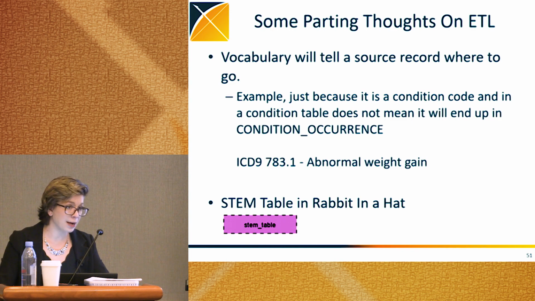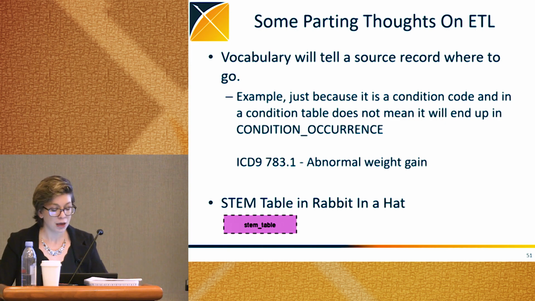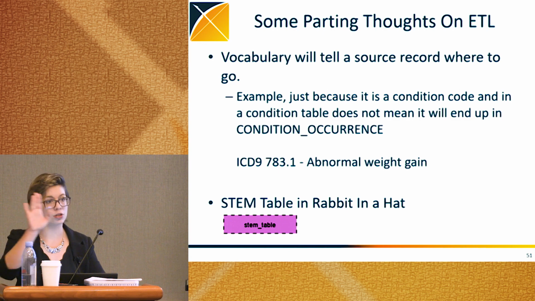From a programming perspective, sometimes it's simpler to think about mapping all your source tables to this big landing table. What we found is that in the tutorial, it makes sense to teach the condition table to the condition occurrence table. But there is another option that allows you to map to this broader table.